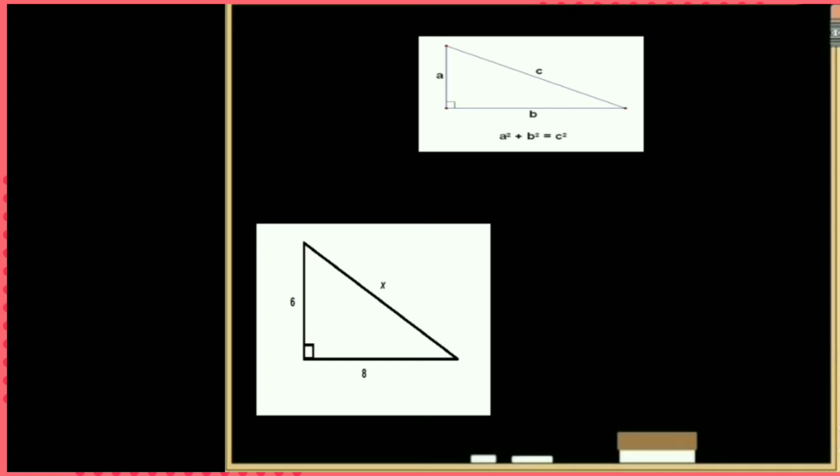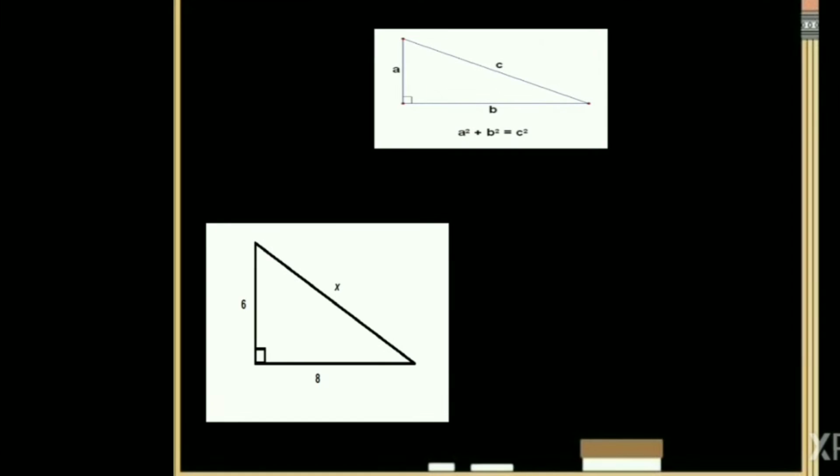So in example number one, we have a squared plus b squared equals c squared, because the hypotenuse is our unknown side. Our height here is 6, our base is 8, and our c is x. So that is our unknown side. Just substitute these two values.